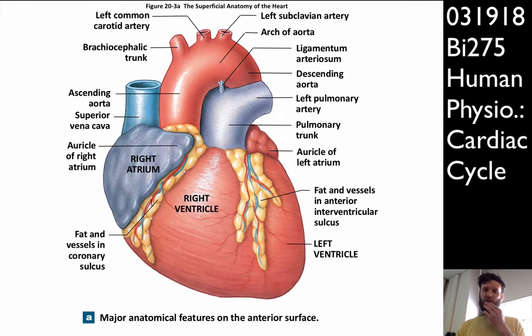Okay. So let's jump to this, the superficial anatomy of the heart. Many of you have probably already had this in high school, I imagine, so I won't belabor it too much. But when you're looking at a heart, maybe when you find yourself in the cadaver lab or something in medical school, the first thing to do is to know whether you're looking at the anterior or posterior side of the heart. All right, so getting yourself oriented properly. And the heart looks a little bit like a dog's face.